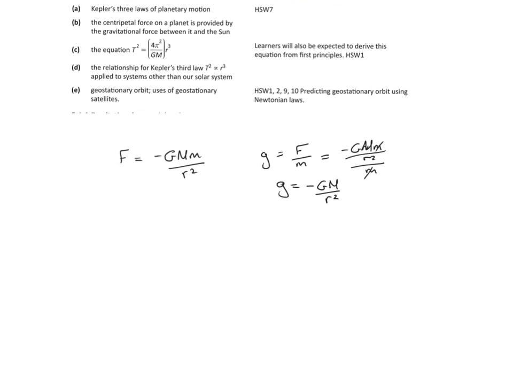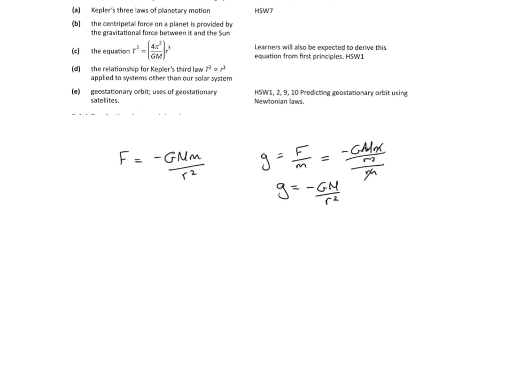So if I wanted to plot a graph of g against r, because g is a negative value while distance is positive, then we will expect to get a graph that looks like this. So minus that value means that g will be negative and r will be positive.